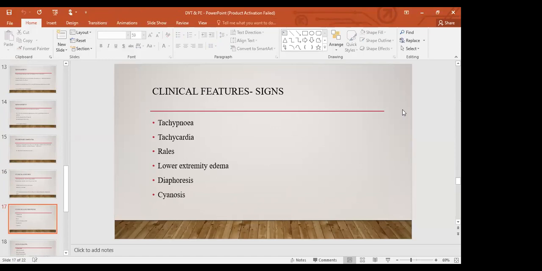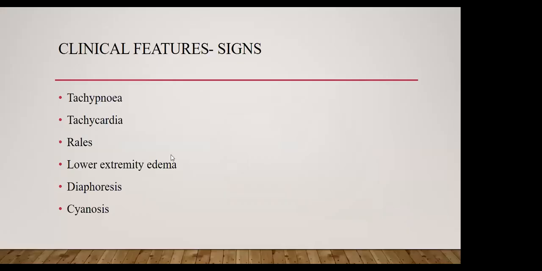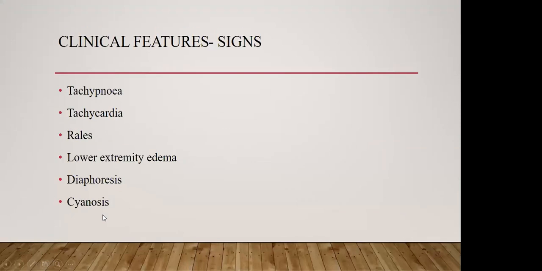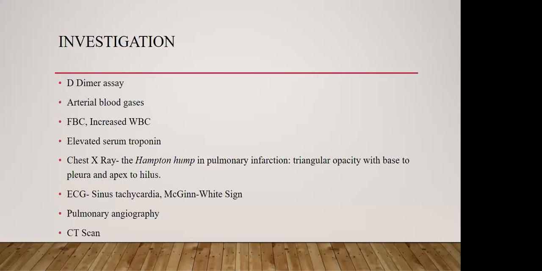So clinical features will include an increased respiratory rate, an increased pulse rate. They are breathless when they come. They can be cyanotic. And when you listen to the chest, you realize that they have this funny sound in the chest. Okay. Your investigations basically are doing a pulmonary angiogram, a CT pulmonary angiogram for your patient.